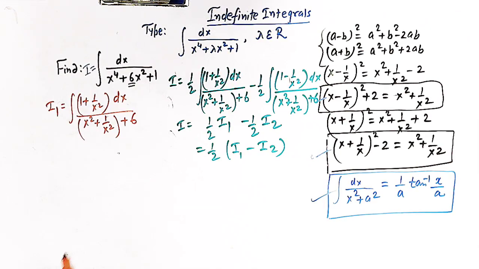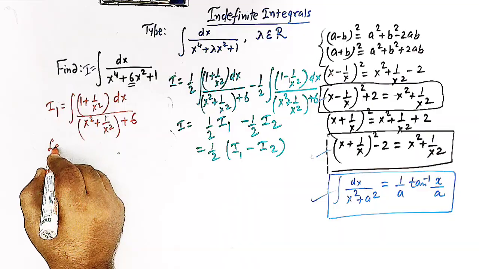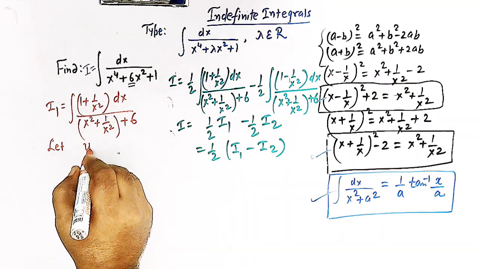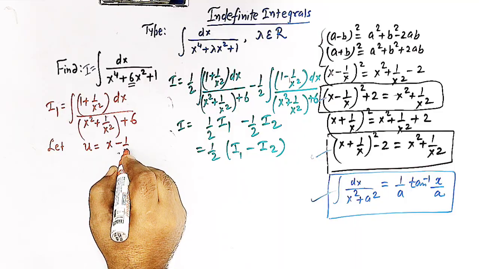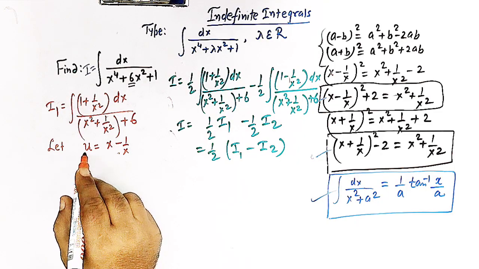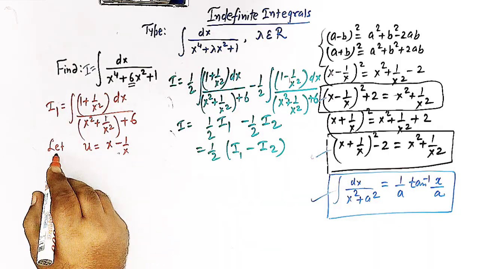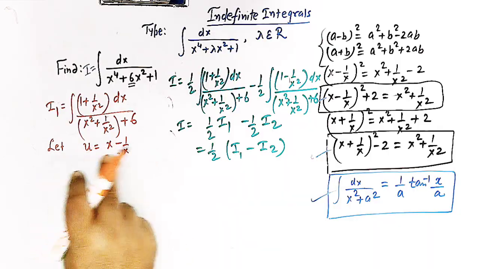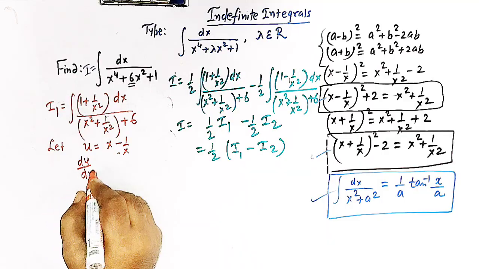Now to solve I1 and I2, we will make use of the method of substitution. So here we have I1. Let us substitute u is equal to x minus 1 over x, right? When we take u is equal to x minus 1 over x and differentiate both sides with respect to x, we have du over dx.